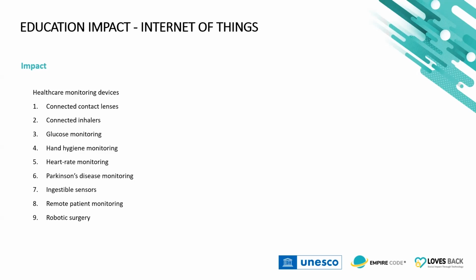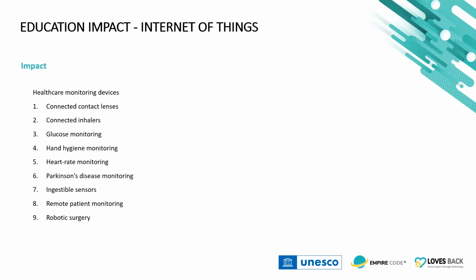But with ingestible sensors, it is possible to collect information from digestive and other systems in a much less invasive way. They provide insights into stomach pH levels, for example, and can also help pinpoint the source of internal bleeding.